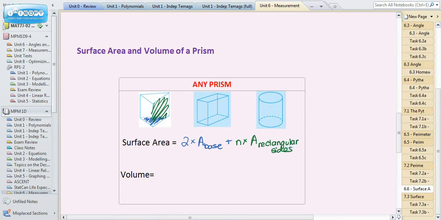And n represents the number of sides. So here we would have 3 for this triangular prism. The volume is the area of the base times the height of the prism.